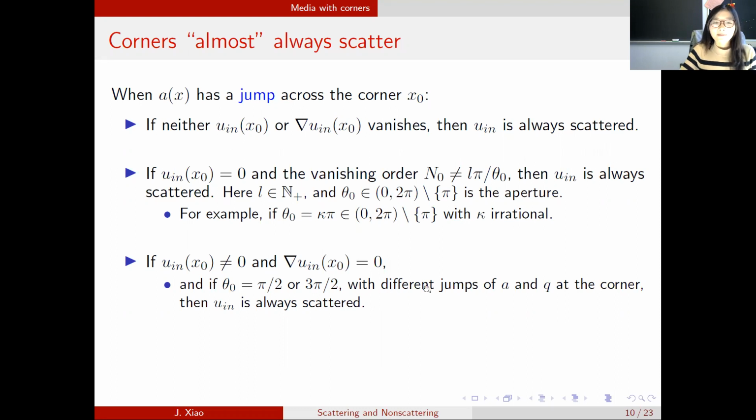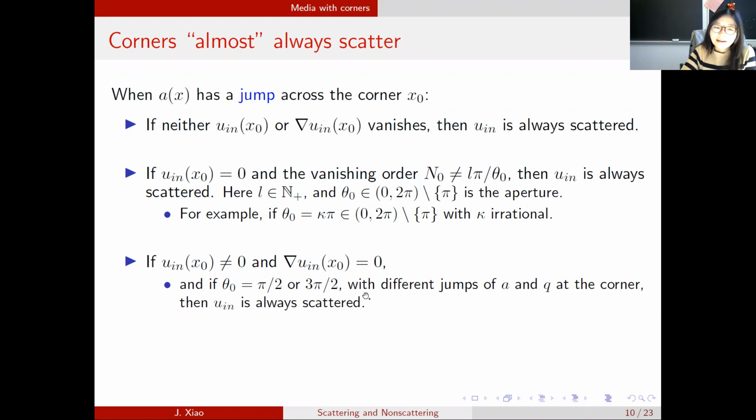As long as the jumps of A and Q, where the jump of Q may be just 0, the degenerate jump, as long as A minus 1 and Q minus 1 approach different values at the corner, then the incident wave is always scattered.